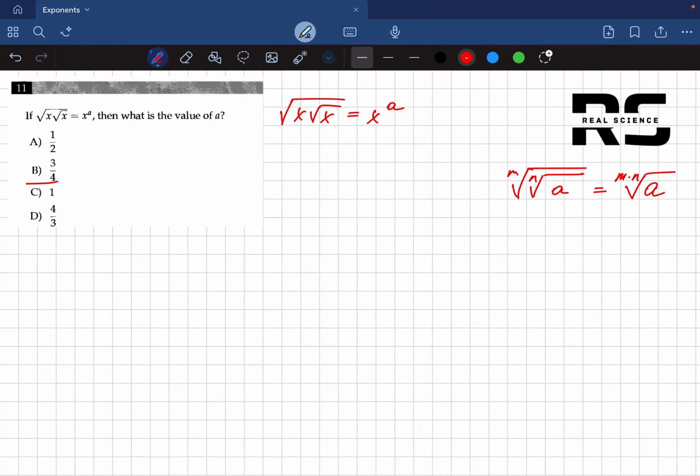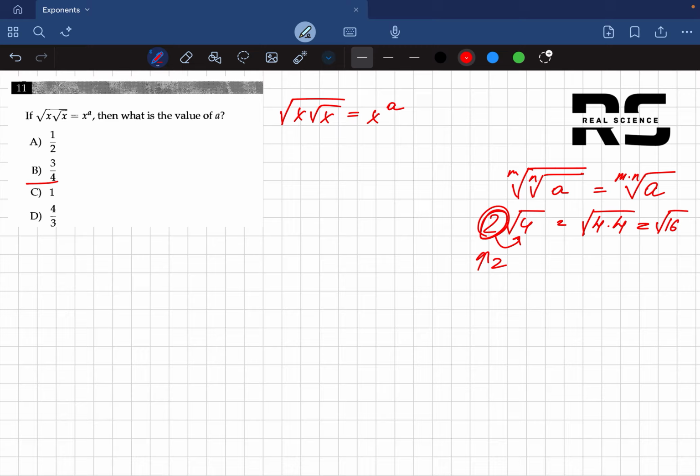Now let's remember one more thing. If we have, let's say, 2 times square root of 4, and we send 2 under the square root, the 2 will be raised to the power of 2. It will be squared. So that's going to be 4 times 4, and that is 16.